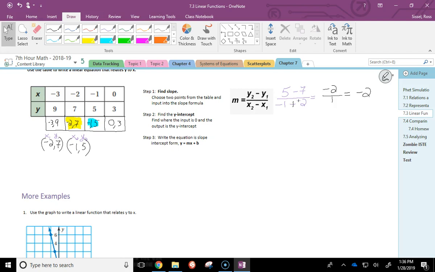So it has to land on the y-axis. So my x-coordinate is always 0. So I look back at my table and find out when x is 0, that's going to tell me what my y-intercept is. So here, my y-intercept is 3.